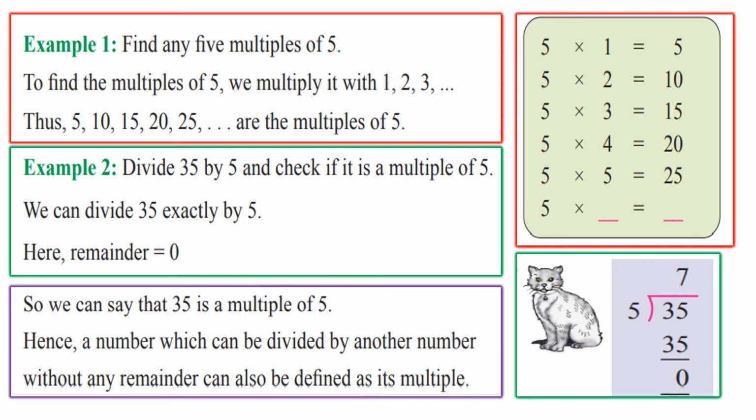So we can say that a number which can be divided by another number without any remainder can also be defined as its multiple.